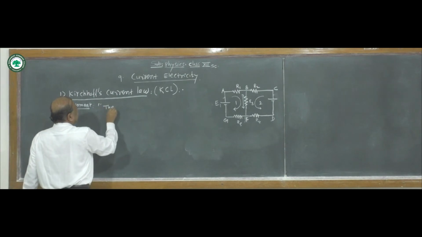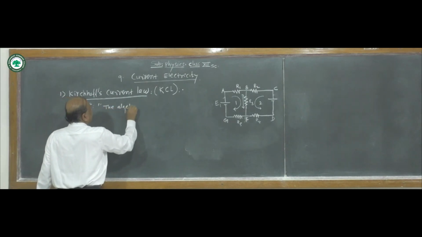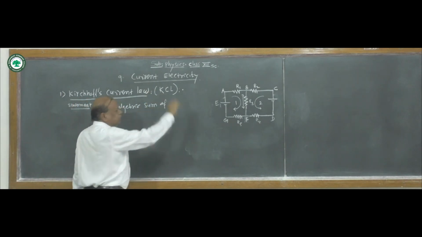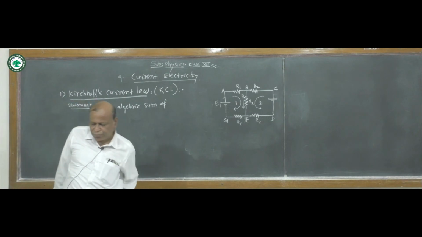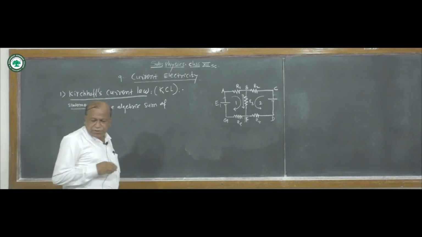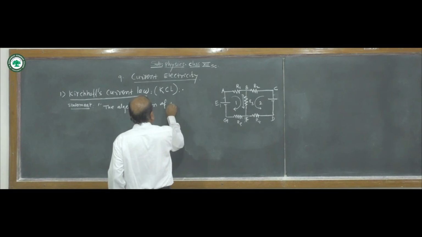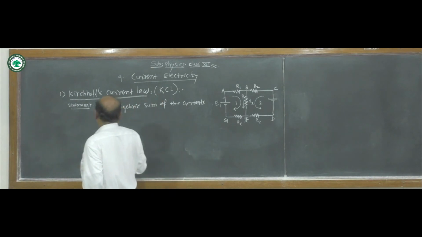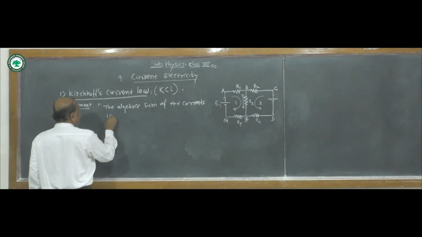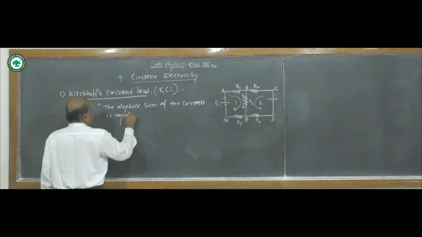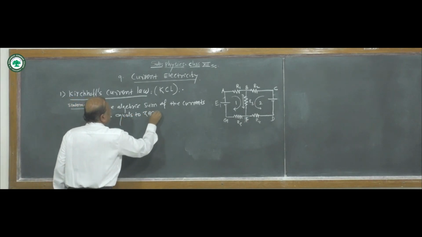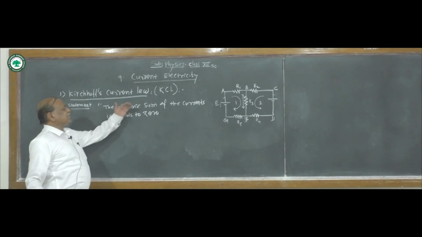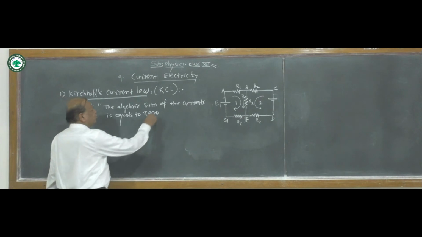The algebraic sum of the currents is equal to 0.